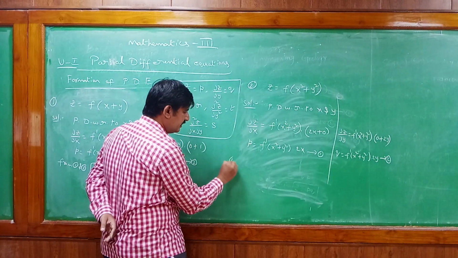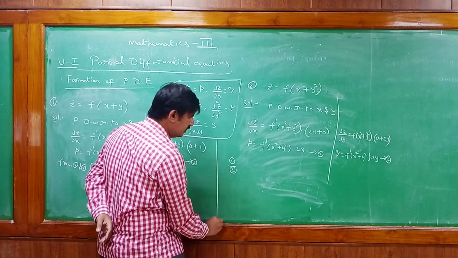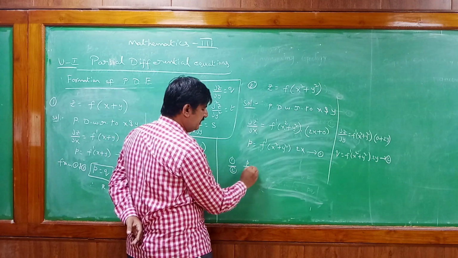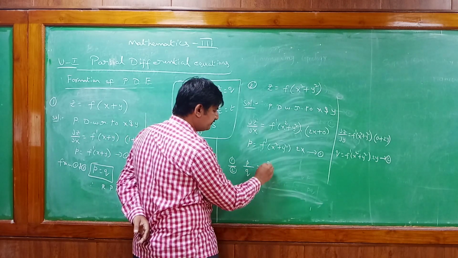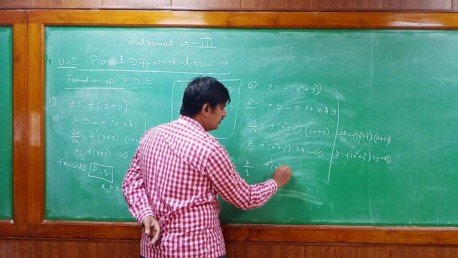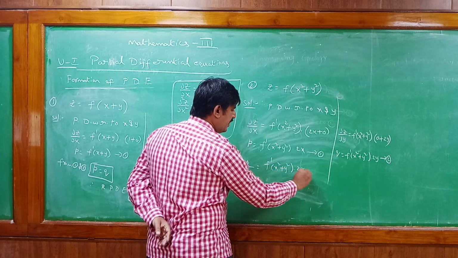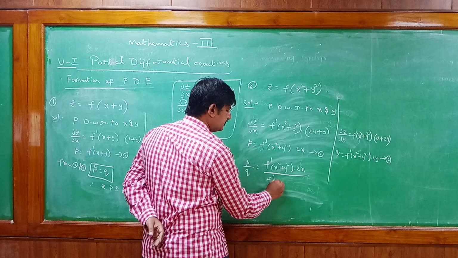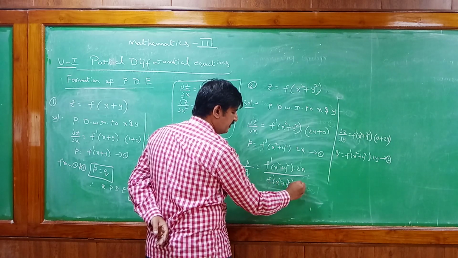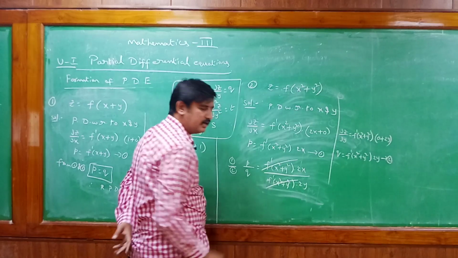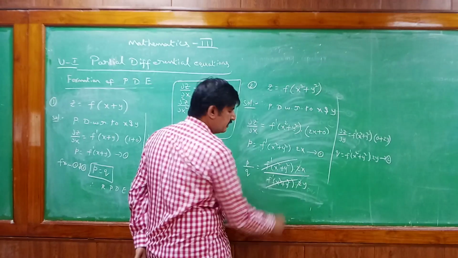So what I am doing here is 1 by 2. It gives p by q equal to f dash of x square plus y square into 2x divided by f dash of x square plus y square into 2y. So this part gets cancelled, and 2 and 2 get cancelled.